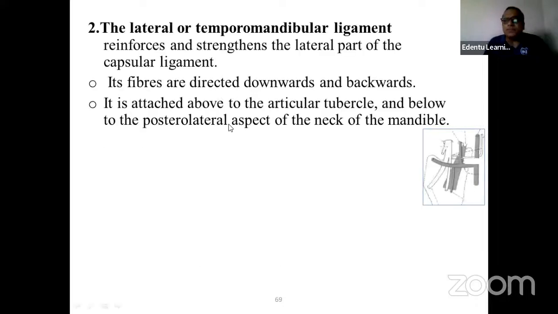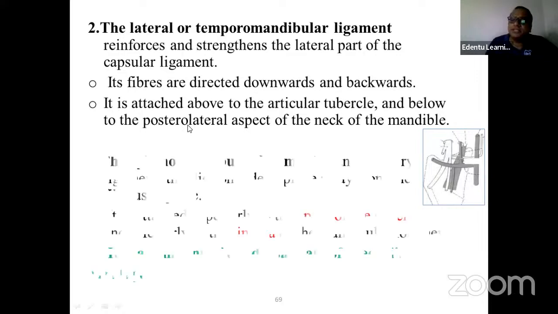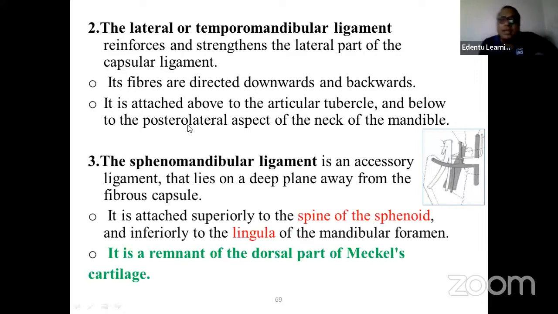Next is your lateral ligament, right? It reinforces and strengthens the lateral part. Then the spinomandibular ligament, from sphenoid bone to mandible, right? So these are the ligaments. You should write the origin and insertion, and which part they are going to anchor.